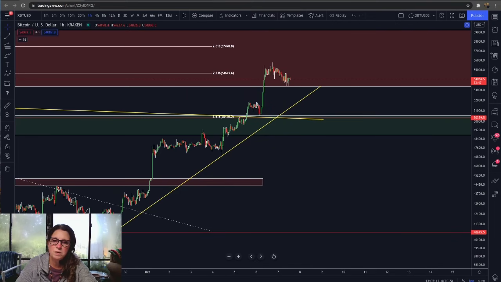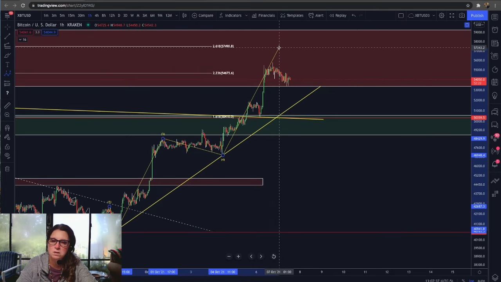So we were coming up in our wave 1, 2, 3, 4, and we were getting our fifth wave here, and we got up to that 50K level, FOMO kicked in, and we broke the trend line. And that is what creates an extended fifth wave. Okay?